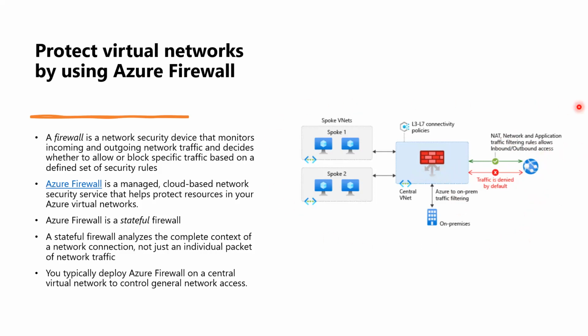This is a normal, very small architecture. This is how your firewall sits in the middle of things. It protects by inspecting the traffic going through it, and if you have not specifically allowed a traffic, it will be denied.